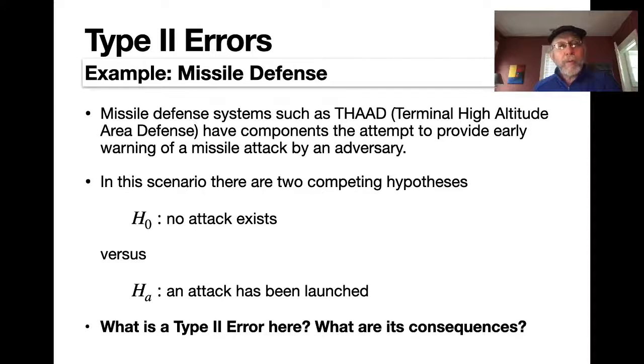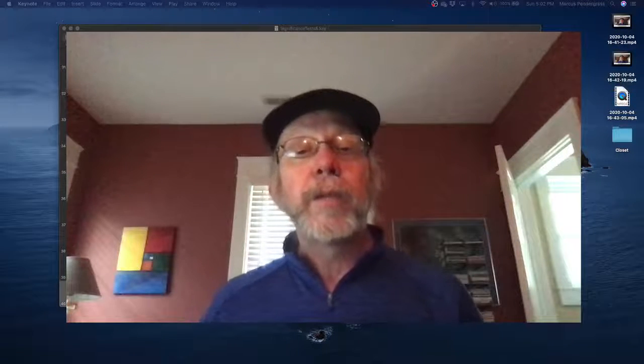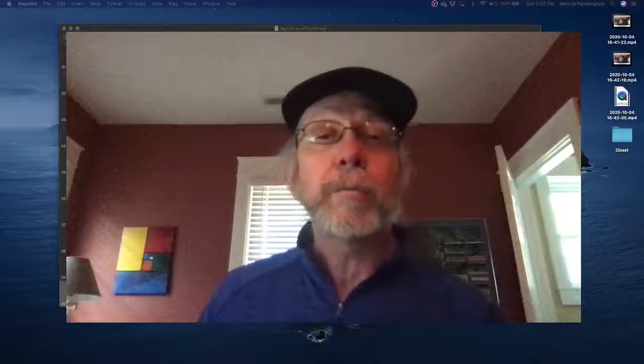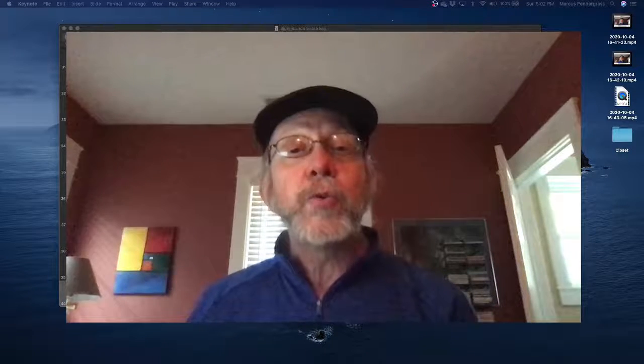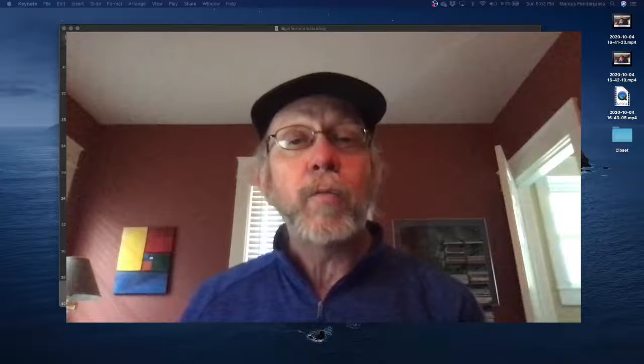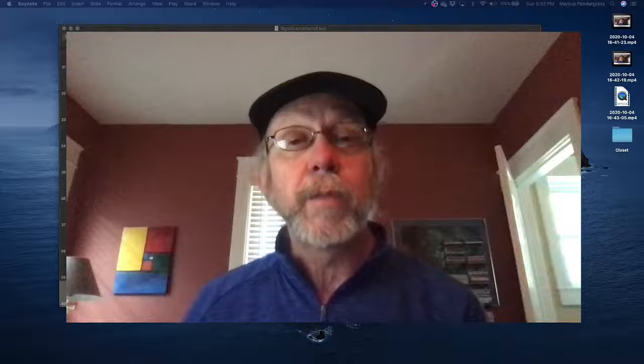So what we've seen here is that the consequences of both a type 1 error and a type 2 error are fairly stark in this missile defense example. But on the other hand, trying to decrease the probability of one will inevitably increase the probability of the other.